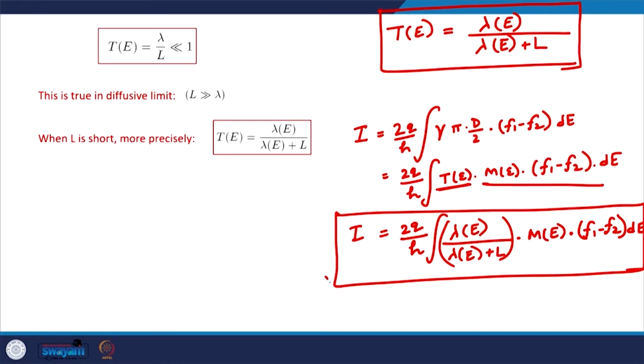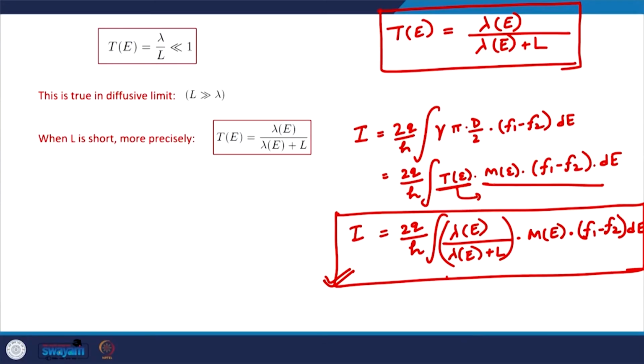Okay, and this is an important expression because it can be generalized to bulk conductors as well, or we can find the bulk conductivity, the bulk IV characteristics using this expression. As you can see, we have built from the bottom. Like Drude's model, we did not assume that lambda is given. We assumed that there is a density of states of electrons in the channel.